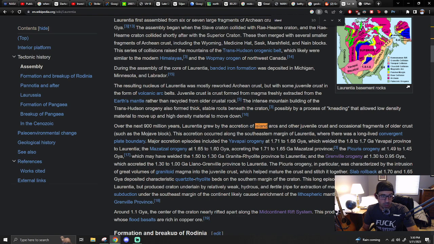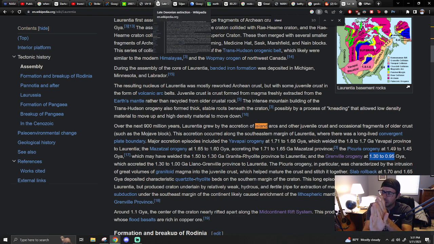Major creation episodes included these times. So like what time we're talking about. It looks like Grenville orogeny goes until 0.95 billion. Trying to think if that's the case, which created the, like when the pause was.